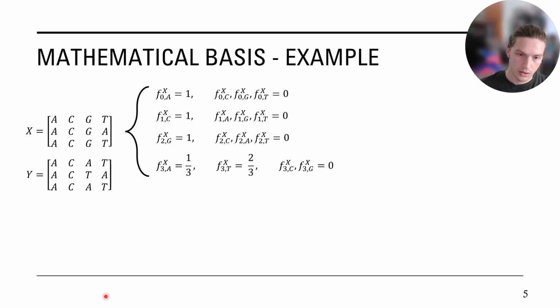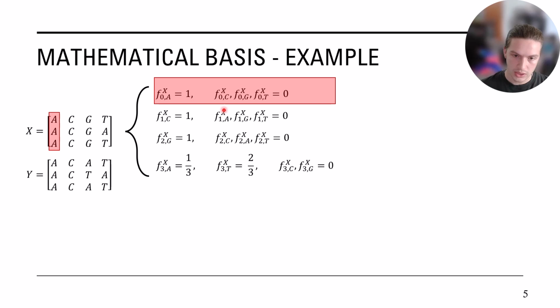So then we'll go through calculating the frequency so you guys can see how these change with different nucleotides. So in position 0 in the first column, it's all A, and so what you can see is frequency is 1. For C, G, and T, the frequency is going to be equal to 0.